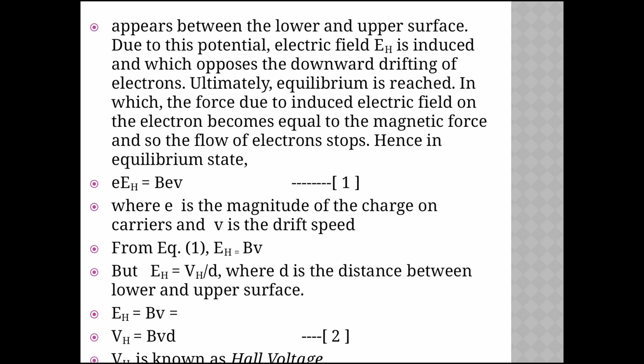Hence, in the equilibrium state, eEH is equal to BeV, where e is the magnitude of the charge on carriers and V is the drift speed. From equation 1, EH is equal to BV, but EH is equal to VH divided by d, where d is the distance between the lower and upper surface. So EH is equal to BV and VH is equal to BVd, where VH is known as the Hall voltage.